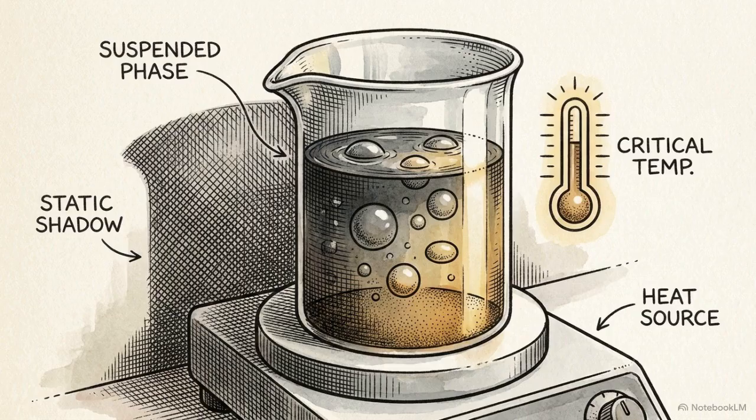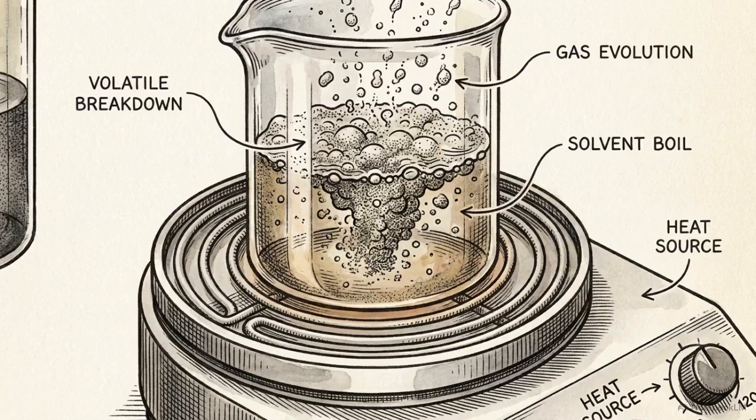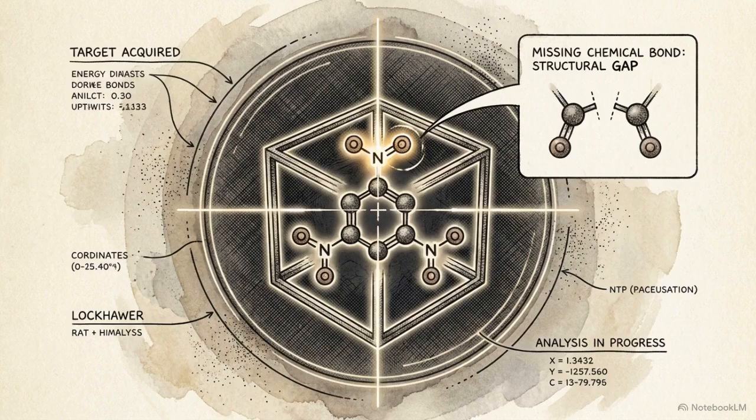This protocol is sensitive to temperature. Thermally labile compounds like tetryl can decompose in these solutions, meaning the extraction process itself can destroy the evidence if not carefully managed. Under normal conditions, mass spectrometry identifies these compounds by their specific fragment ions, like the loss of 30 mass units, enabling precise chemical classification.